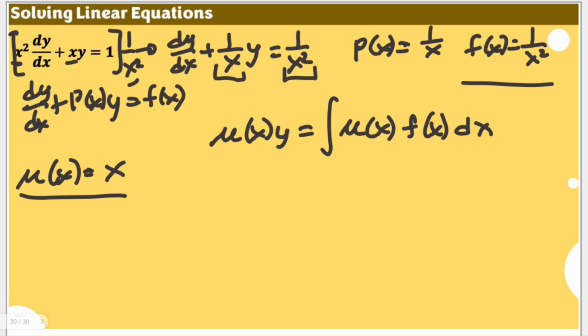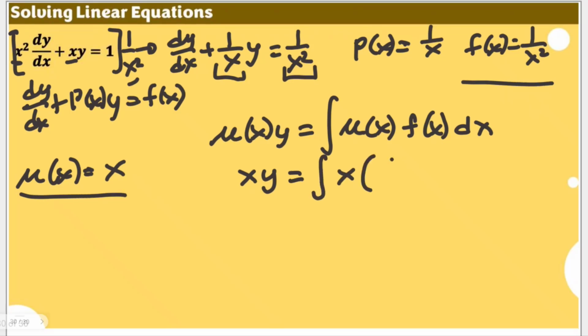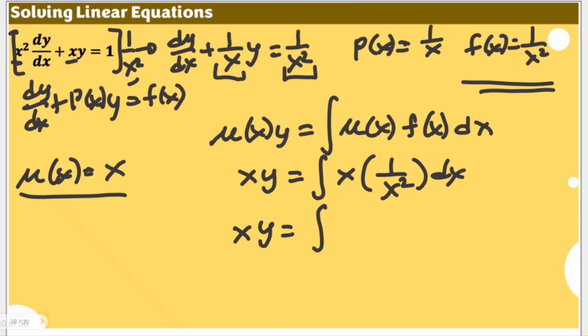So simply substitute the values: the integrating factor x, and then y is equal to the integral of x times 1 over x squared, which is your f of x, dx. So you have xy is equal to the integral of 1 over x dx.